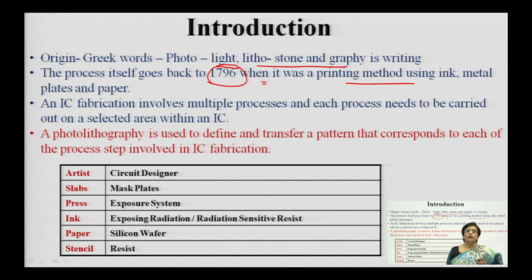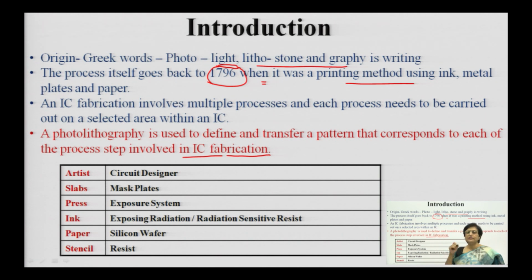After that, when integrated circuits were being fabricated, the pattern was to be transferred onto the wafer, and this task of pattern transfer onto the wafer was done by the photolithography process. There are multiple iterative ways in which this process is done.